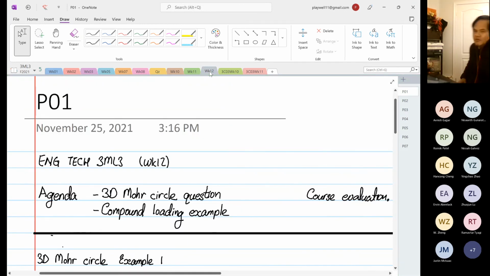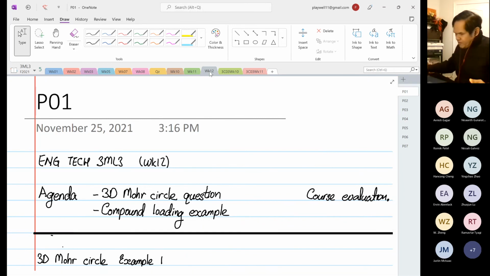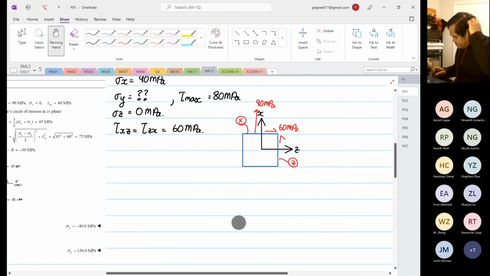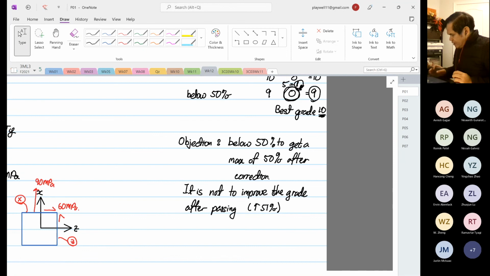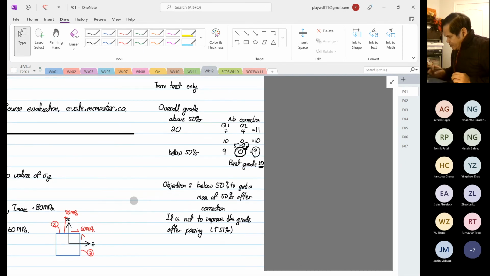So you don't need to pass your final. I know some instructors have that rule. It's up to them. I'm not going to impose that rule on you guys. So are we clear regarding this issue regarding corrections? I know there's a bit of misunderstanding, but I want to clear the misunderstanding.